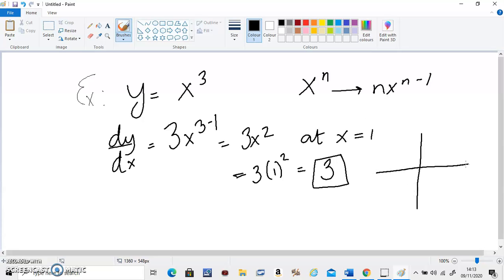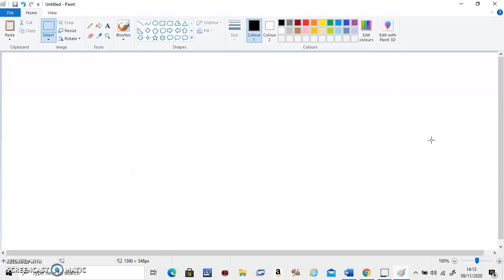If you look at the graph of x cubed, it looks something like this. At the point x equals 1, the slope of this tangent line is 3. That's what it means. When we do applications, we'll see more. But for now, it means the slope of the tangent line at the point x equals 1.